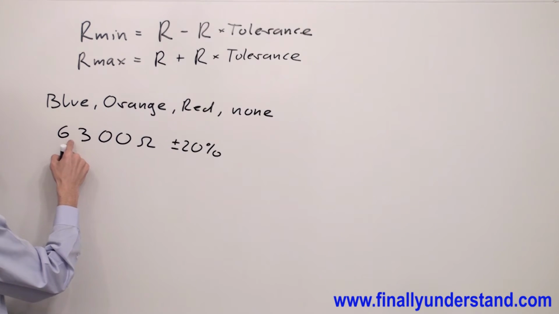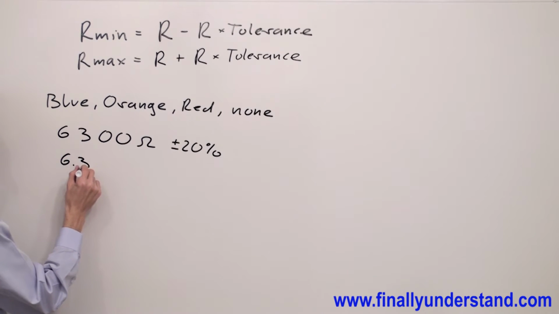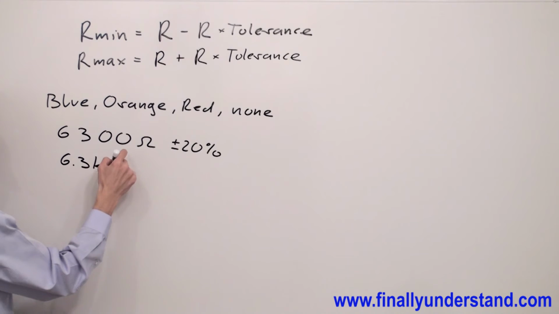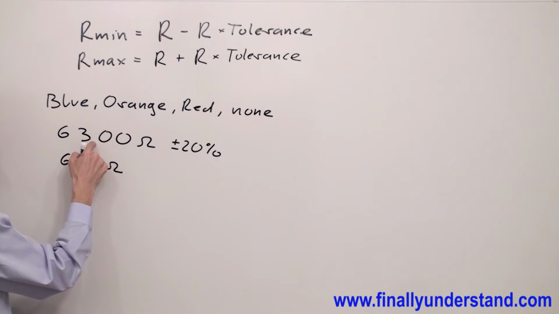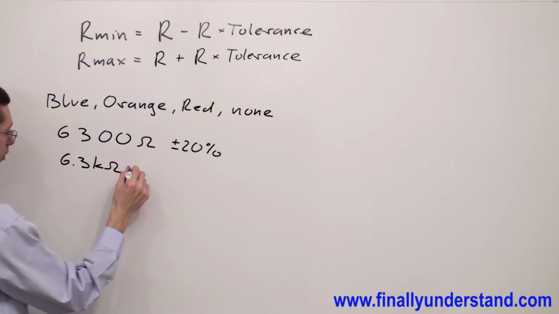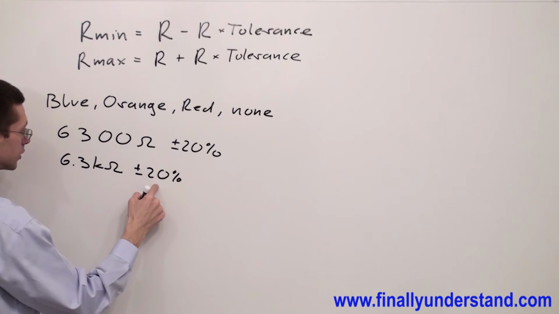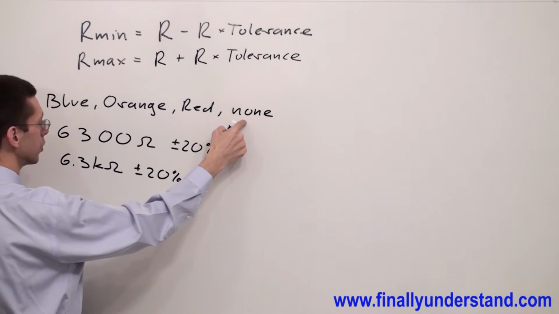Next, I'm supposed to convert decimal notation to engineering notation, and I'm going to have 6.3 kΩ. Remember, anytime you move the decimal point 3 times to the left, you are going to end up with kilo. Plus minus 20%. We have 20% tolerance because we have no fourth band.